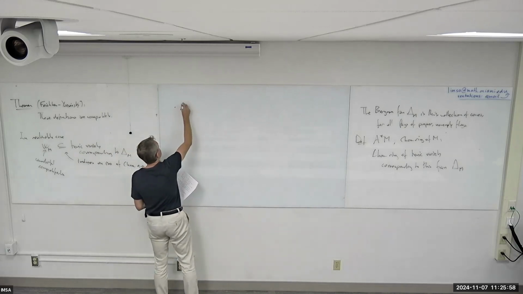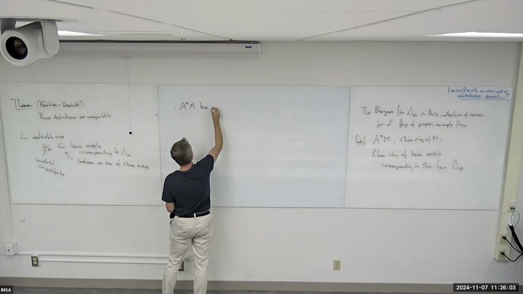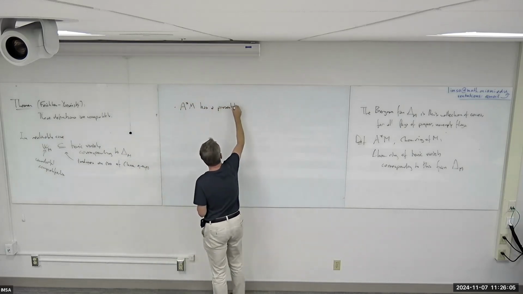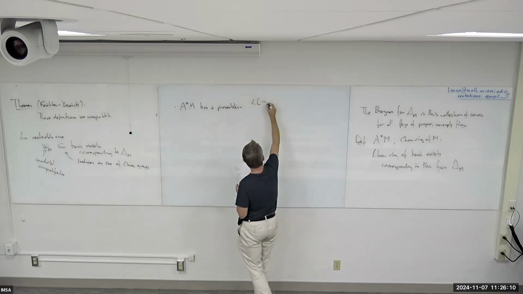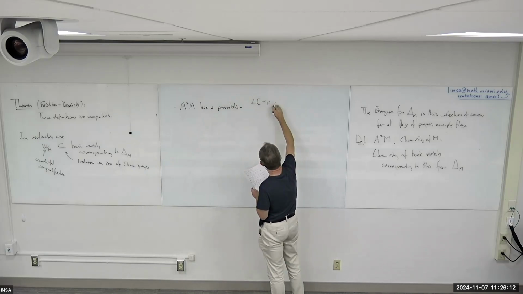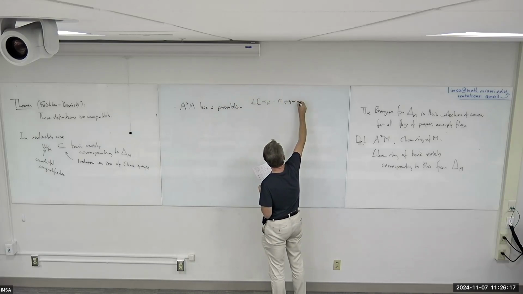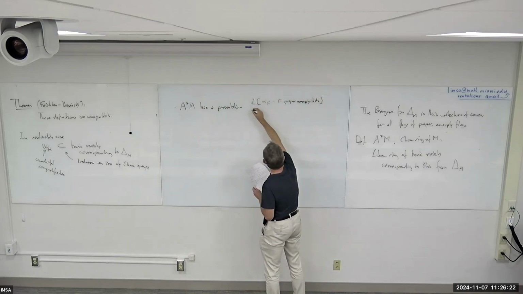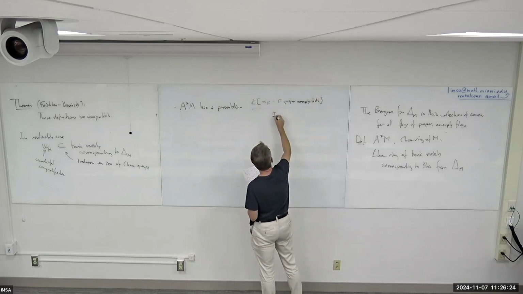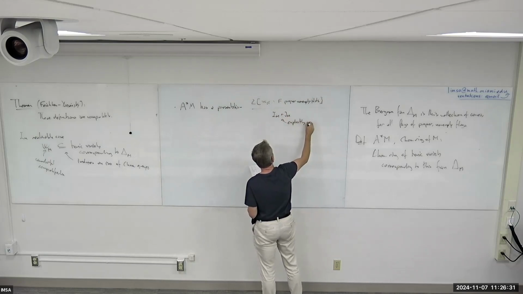Number one, this guy has a complete presentation as a quotient of a polynomial ring with variables corresponding to the proper non-empty flats, modulo ideals, which I certainly don't have the time to write down, but these are explicit and readable.